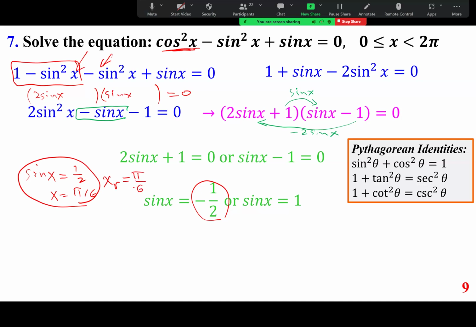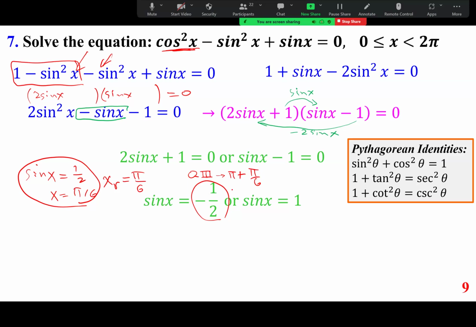Now, sine is -1/2. Sine is negative in quadrant 3. So in quadrant 3 means pi plus the reference arc.